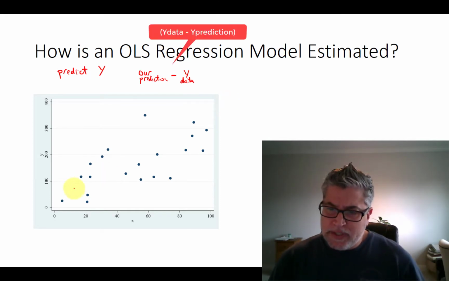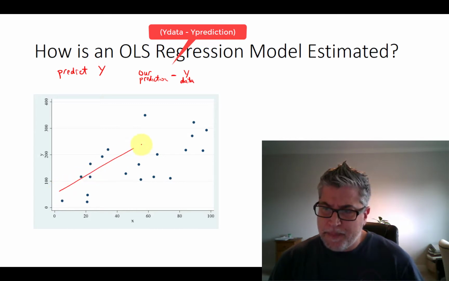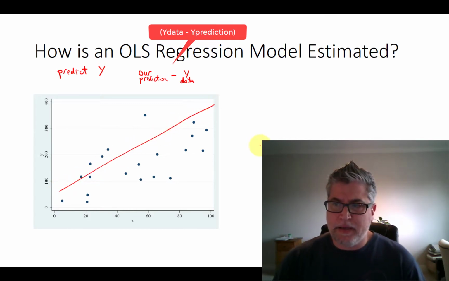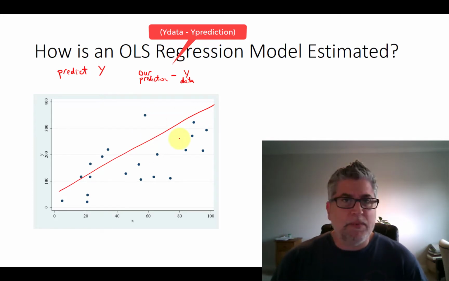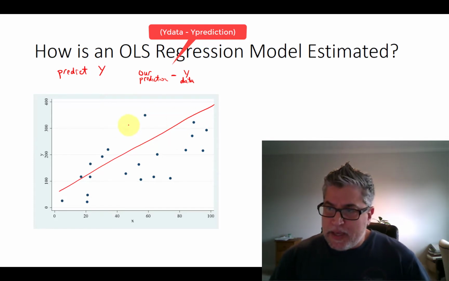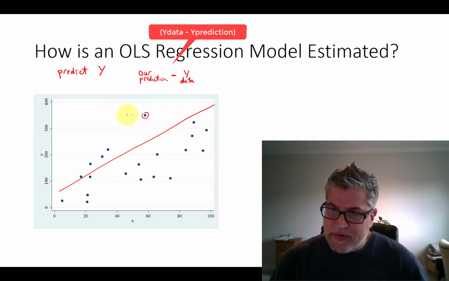All right, so we want some kind of line. Here's a candidate line. And we're going to take every single point, every one of these 20-some points, and calculate the value of the data point. So here, that value happens to be, I don't know, about 350.